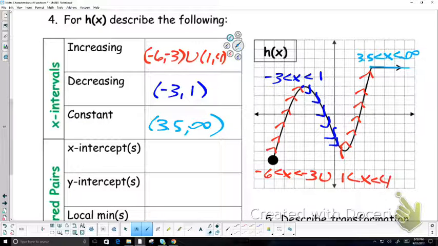X-intercepts. X-intercepts are where y equals 0. So here's one, and here's one. So I got 3 of them. It's where y equals 0. This one you're going to kind of have to guesstimate because it's falling in between, so it's not going to be perfect.